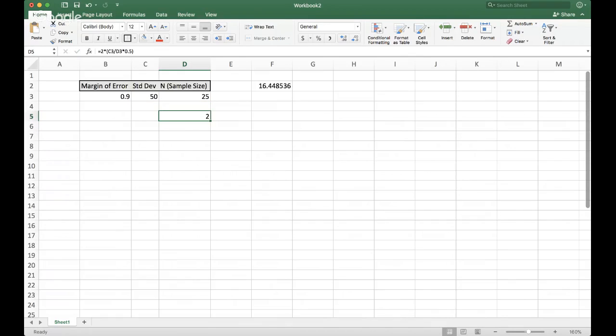Oops, that didn't work. So the square root of 25 is 5. Right, so 50 divided by 5 would be 10. So times 2, that's 20.